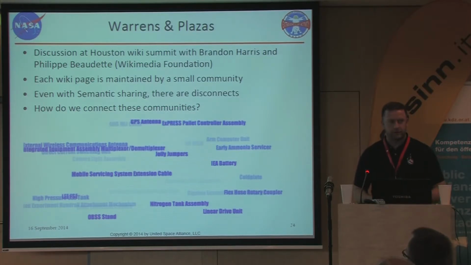And so even with Semantic Media Wiki, we can link these pages together, but it doesn't necessarily get all of the users to engage and cross out of their small community and go check out other pages that they may not be aware of. So, how do we get everyone to move out of their small community and start contributing on the other areas?